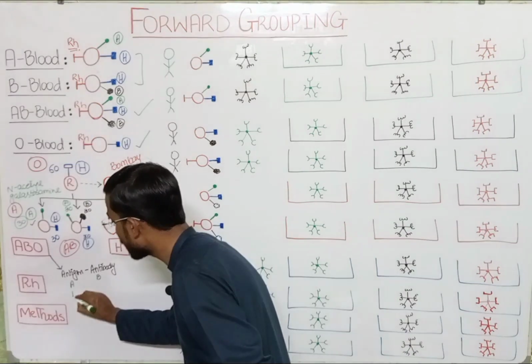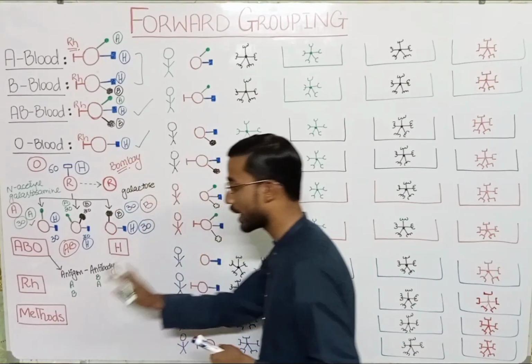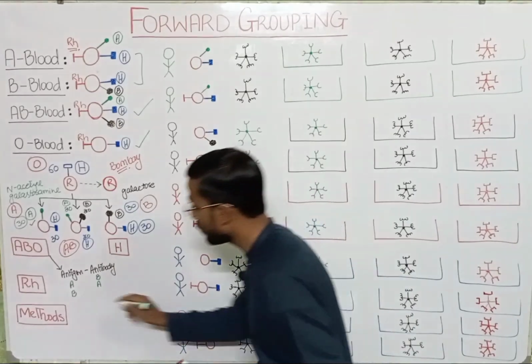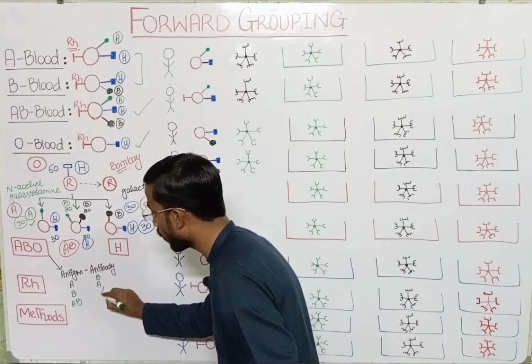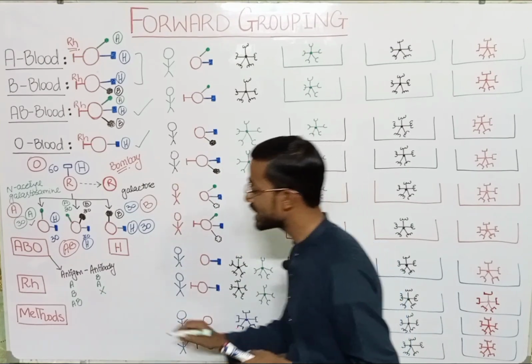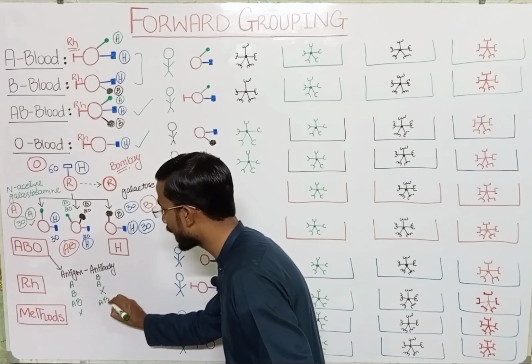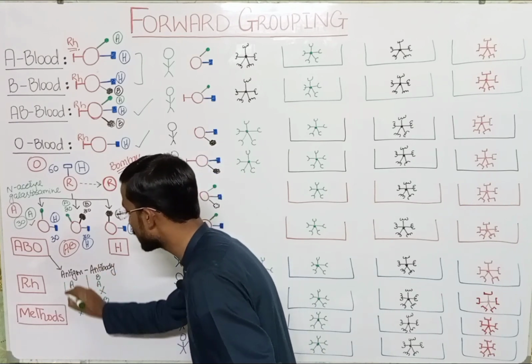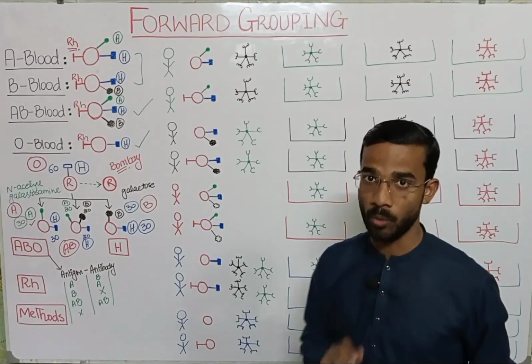If B antigen is present, then A antibody will be present against the B antigen. If both A and B antigens are present, then no antibody is present. If there is no antigen, then A and B antibodies are present. This is the basic concept in the case of ABO.